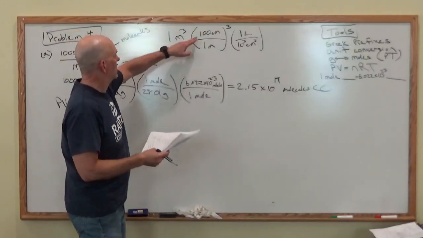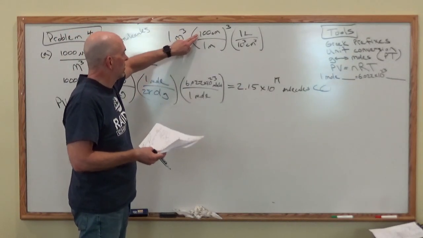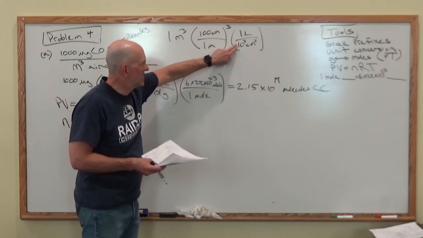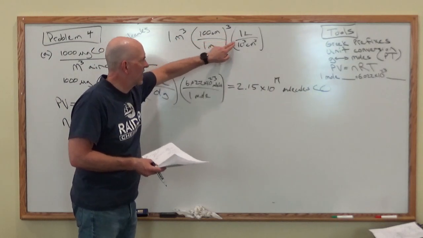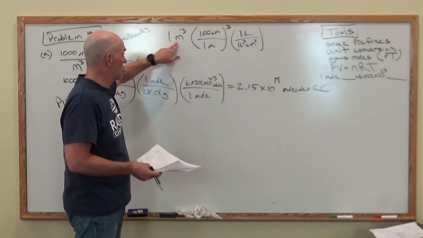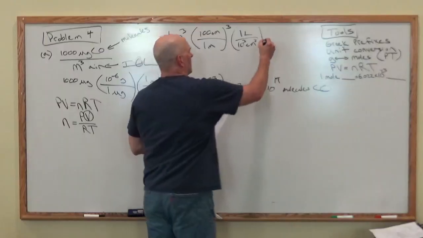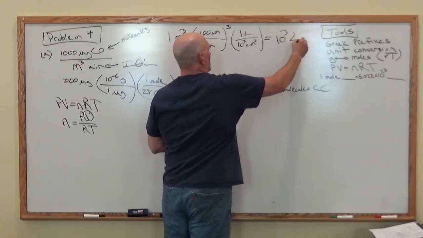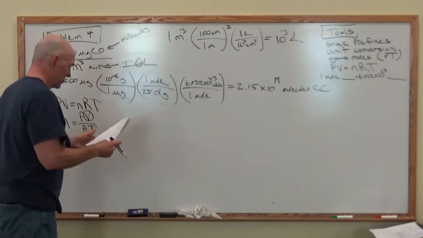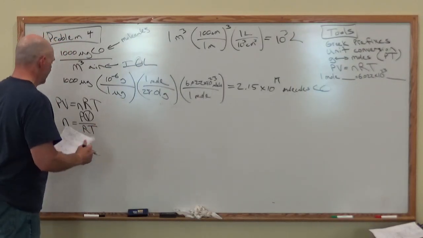So this is going to be 10 to the 6th divided by 10 to the 3rd, which is 10 to the 3rd. So it's 1 times 10 to the 3rd liters. Don't mean to insult your intelligence if you're better at unit conversion than I am. So it's 1,000 liters. Now we're good.